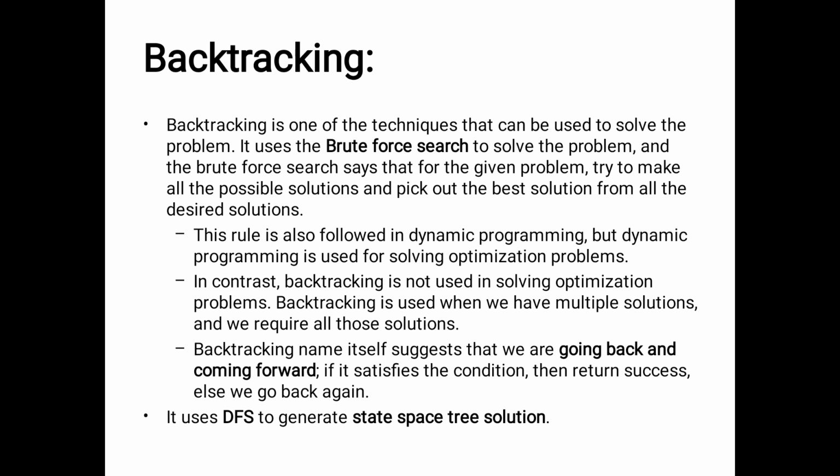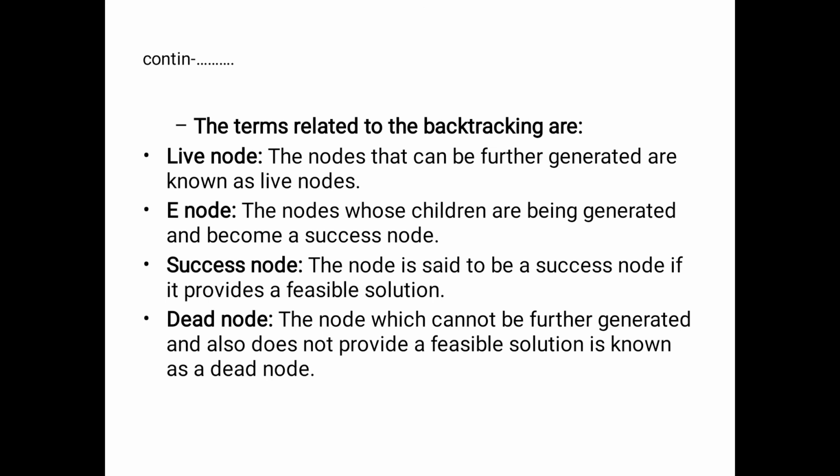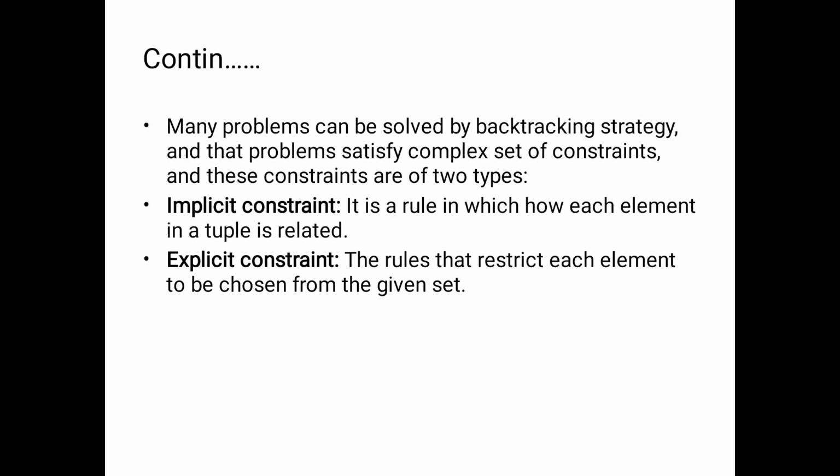Here we generate the state space tree of solutions, taking a sample state space tree and trying backtracking. The terms are live node, E-node, success node, and dead node. These are the nodes in backtracking. We follow two constraints, implicit constraint and explicit constraint.